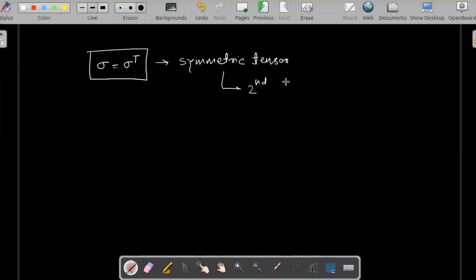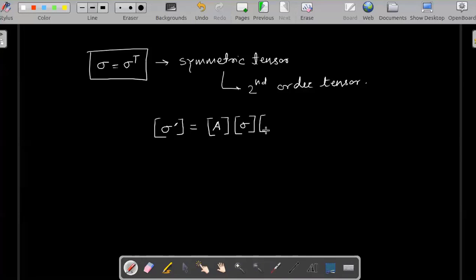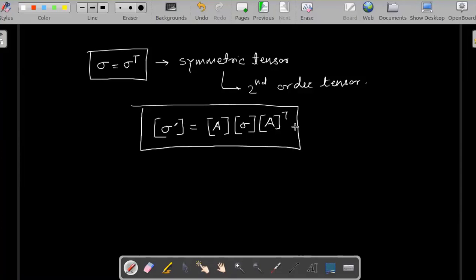That is also a reason this is a second order tensor. It also satisfies the transformation rule. So sigma dash can be written as A, the transformation matrix, times sigma times A transpose. Any second order tensor must satisfy this criterion, so it is applicable here also.